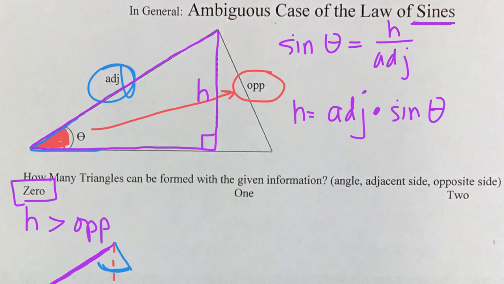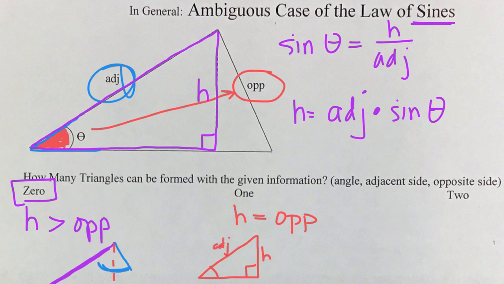What happens if we have one triangle? Well, if the height is equal to the opposite side, then of course we have a right triangle, because this is the angle and this is the adjacent side right there.